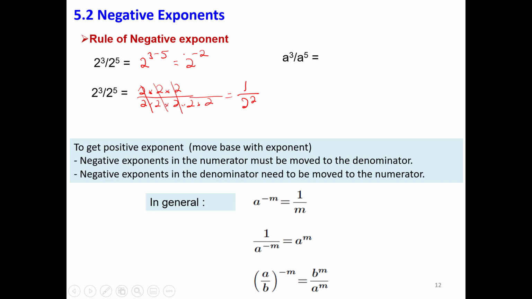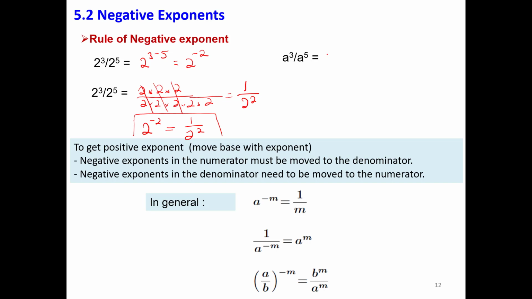So these two expressions must be equal, and we can conclude that 2 to the minus 2 must be equal to 1 over 2 squared. We can apply the same procedure if we have variables.